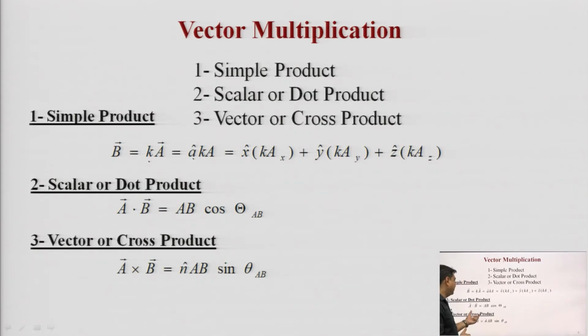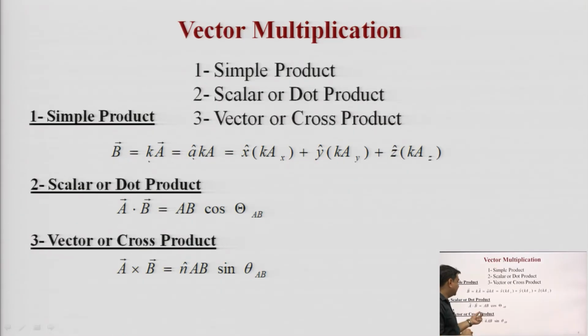This scalar multiplication gives the resultant in the form of AB cos theta, where theta is the angle between vector A and vector B, and this whole quantity AB cos theta is a scalar quantity. It means if we describe the multiplication of vectors A and B in terms of C, then the resultant C will be a scalar quantity. Remember this.